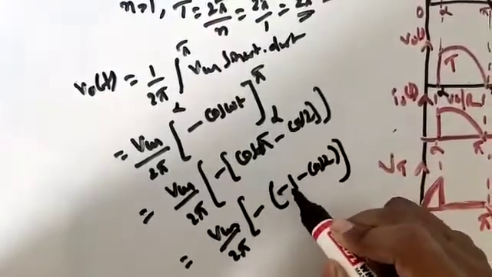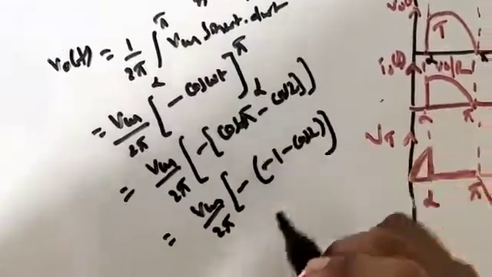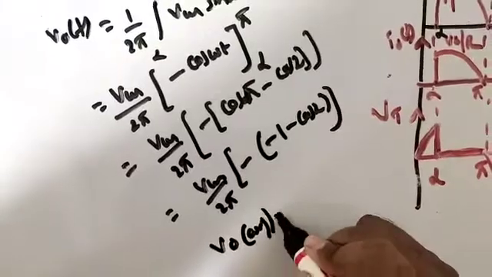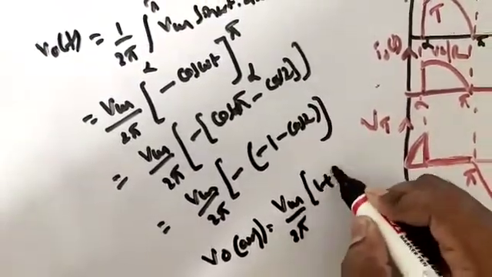Taking minus as common, 1 plus cos alpha will be there, and minus into minus cancels out. So finally the equation for the output voltage is V naught average equal to Vm by 2 pi into 1 plus cos alpha.